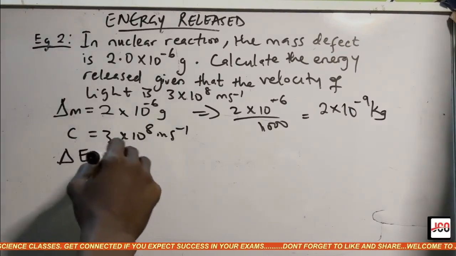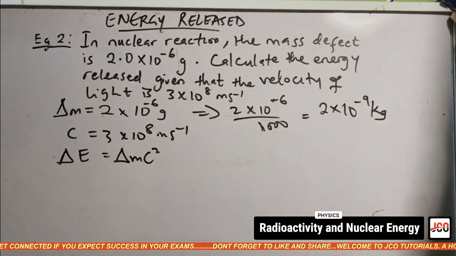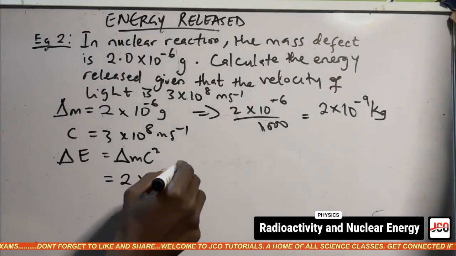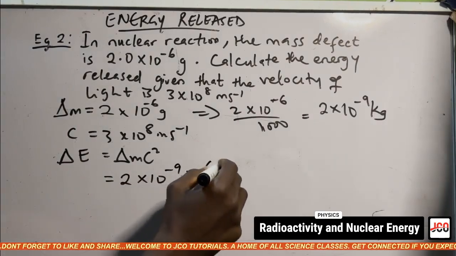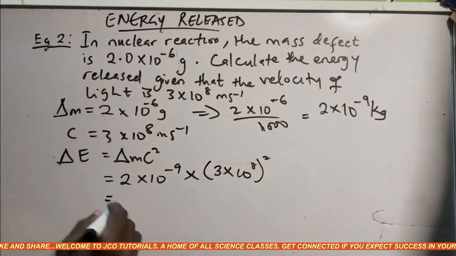And then we use our Einstein's equation to solve. So that's change in m multiplied by the square of the speed of light. So we have 2 times 10 raised to power minus 9 times 3 times 10 raised to power 8, all squared.